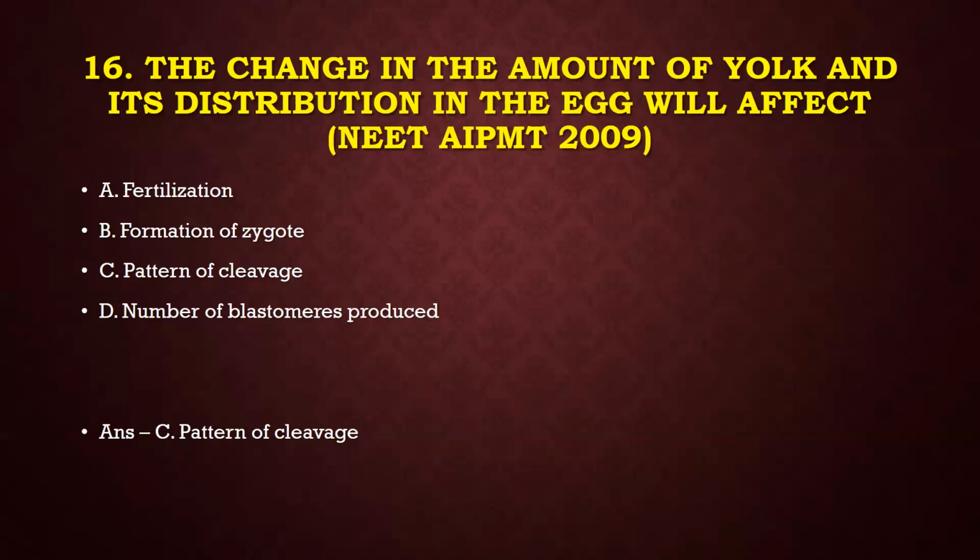In the pattern of cleavage, the egg is divided completely. The egg in this type of cleavage contains a moderate to small amount of yolk.